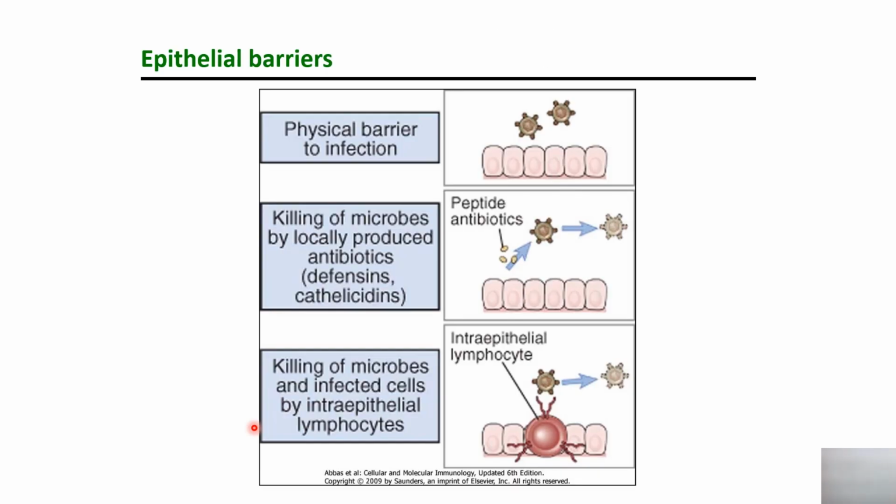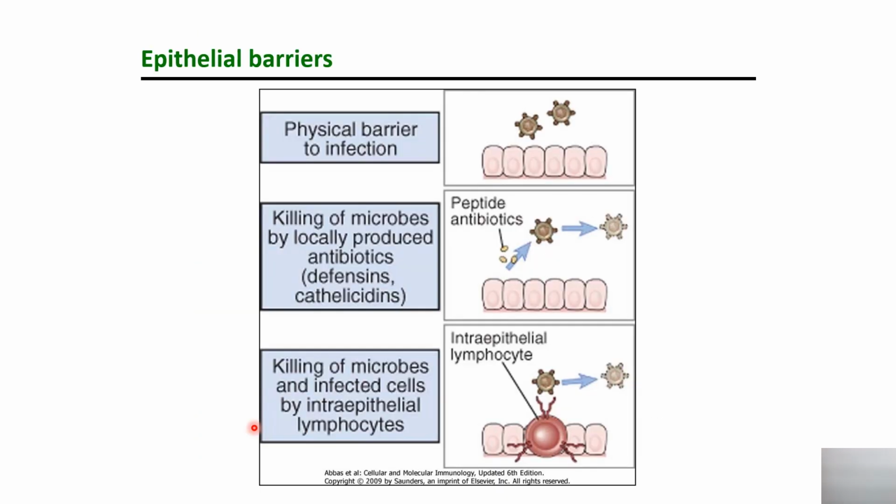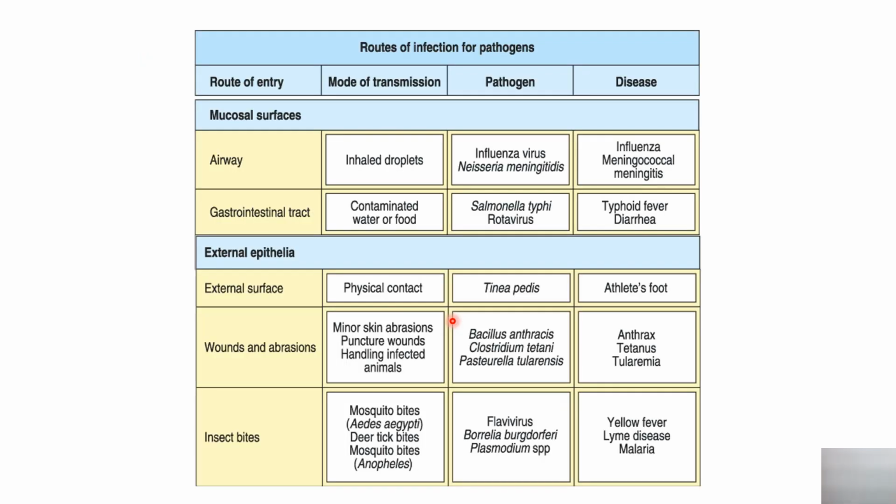So you see another schematic of the different epithelial barriers, a physical barrier to infection. Then we have killing of microbes by locally produced antibiotics, and killing of microbes and infected cells by intraepithelial lymphocytes.